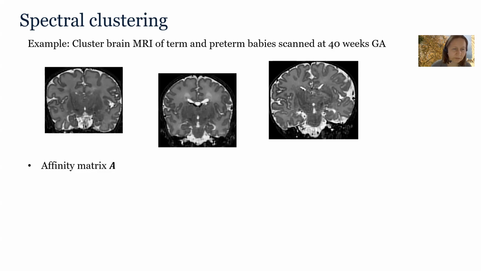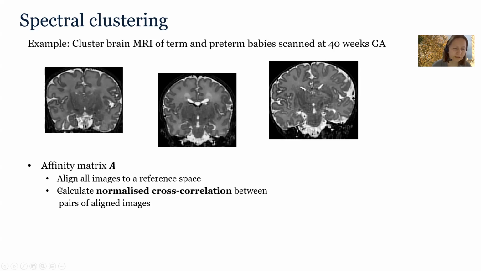So first thing we need to think about is how do we construct this affinity matrix. And one way to do that is to align all the images to the same reference space and then calculate normalized cross-correlation between pairs of aligned images. So this cross-correlation, of course, is calculated for all the voxels in the image.